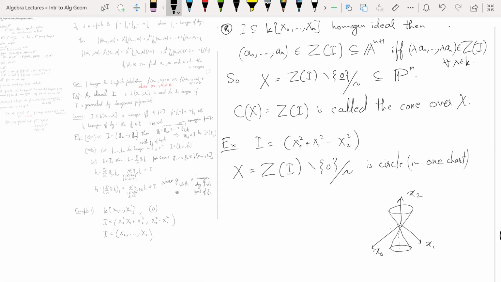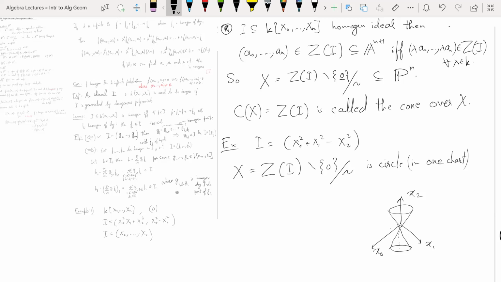If one point in A^(n+1) is there, you join it to the origin and the whole line is there. So on P^n you have this equivalence relation, and this whole line will map to that point. So this X, which is Z(I) minus 0 modulo the equivalence relation, is in P^n.